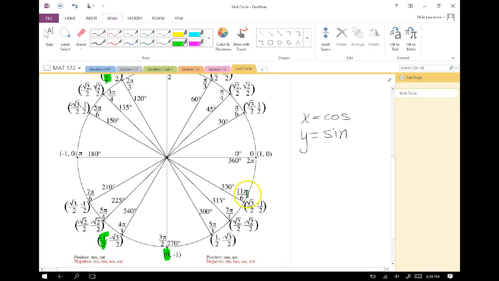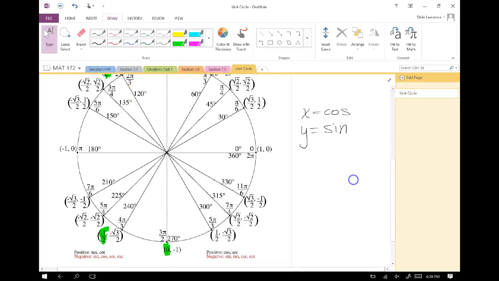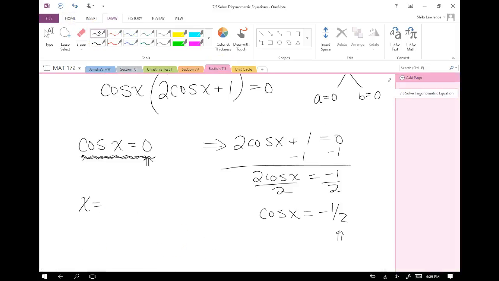And I had to go off the screen a little bit. There are 4 of them. We've got 90, 120, 240, and 270.